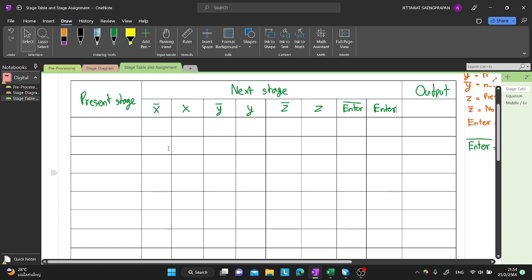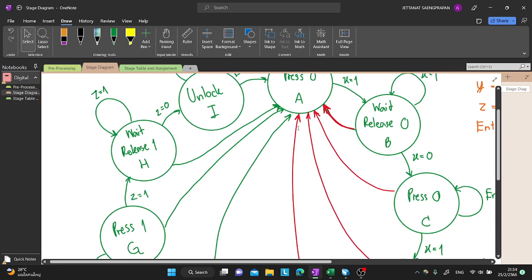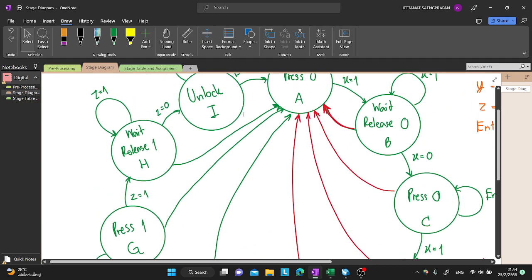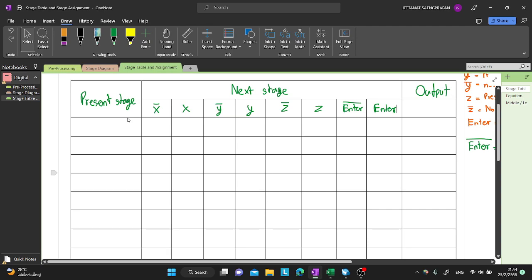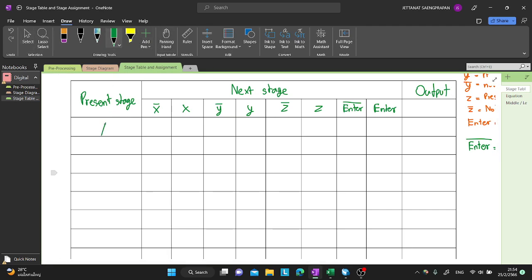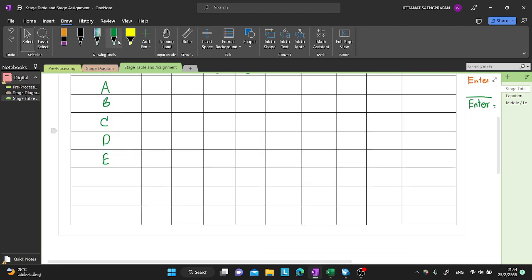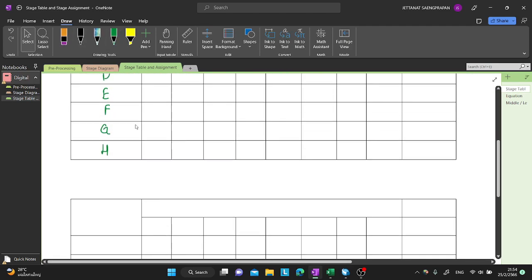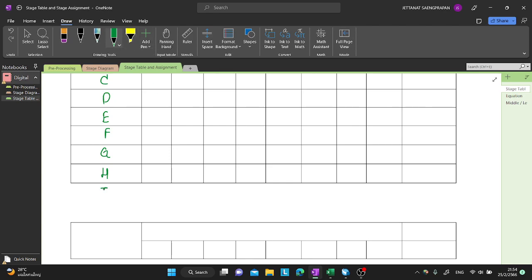The present stage, the order of stages, is A B C D E F G H I. Oh, I forgot another one right here.